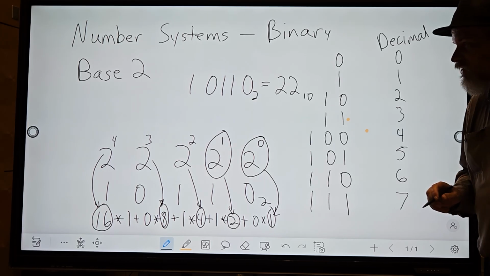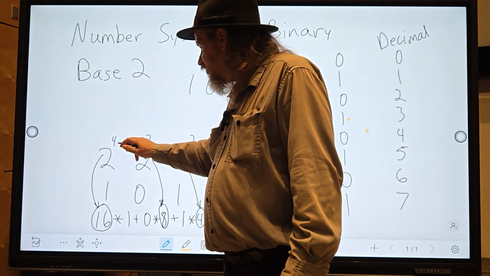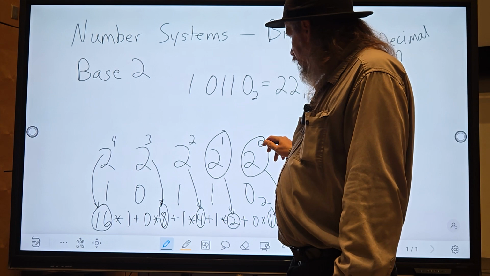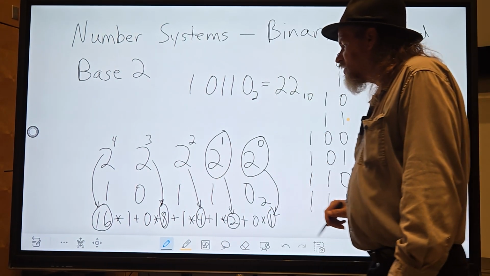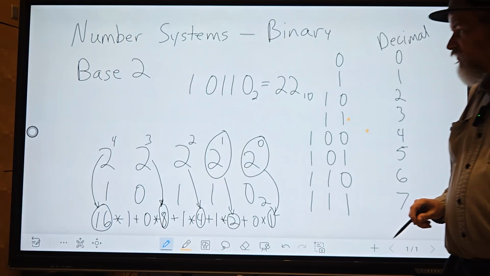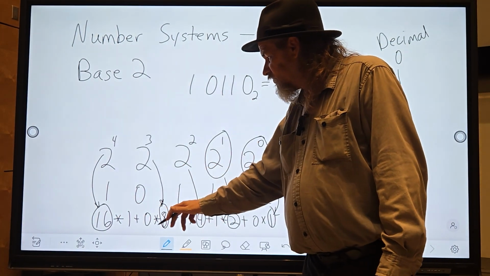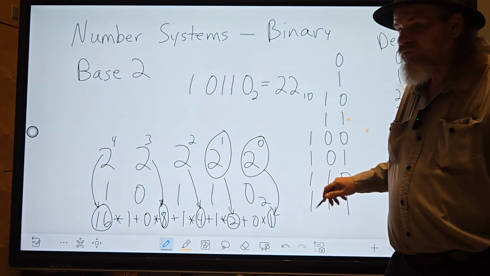It's just the power of 2 of the position, the 0th, 1st, 2nd, 3rd, 4th positions, times 1 if there's a 1 there, 0 if there's a 0 there, and then you add all those up.